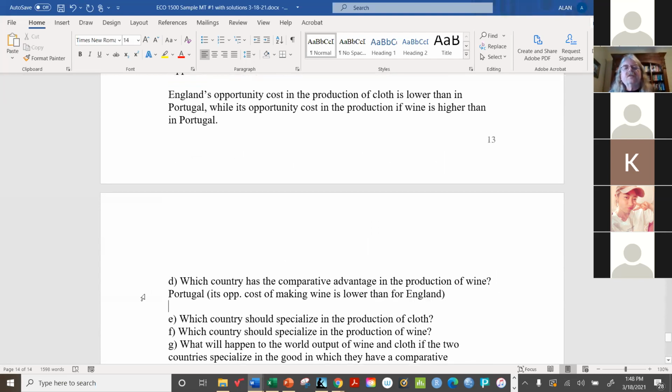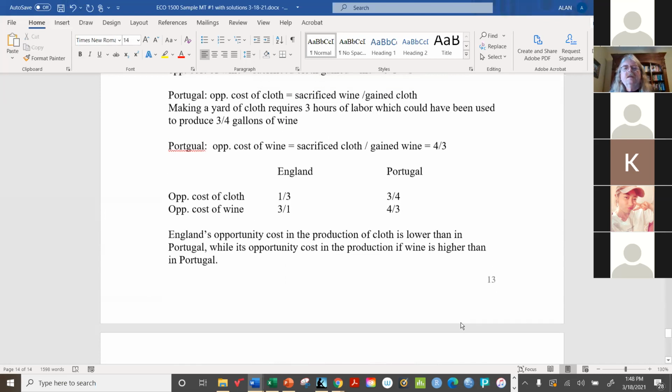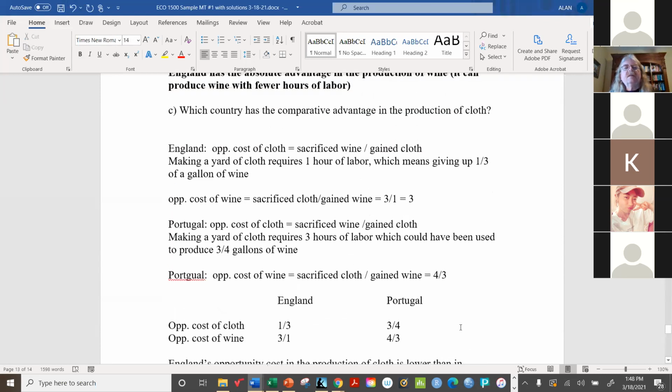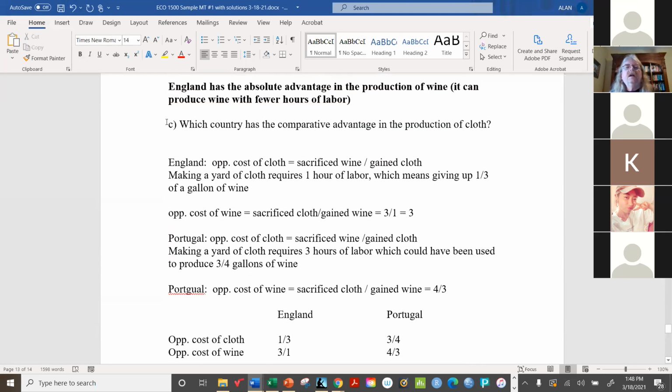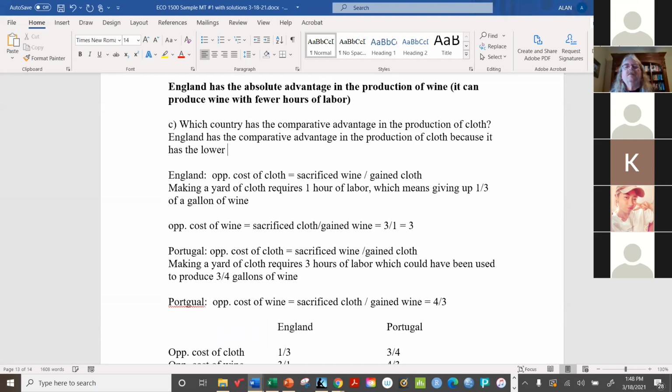And therefore, which country must have the comparative advantage in the cloth? Oh, I just realized that I missed something up here. Here it is. England has the comparative advantage in the production of cloth because it has the lower opportunity cost.